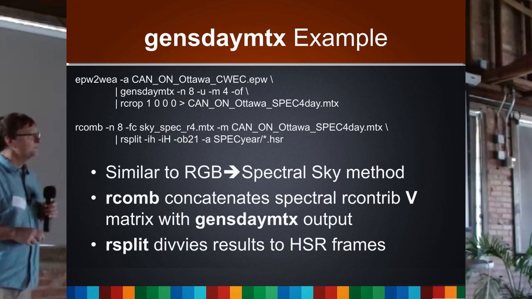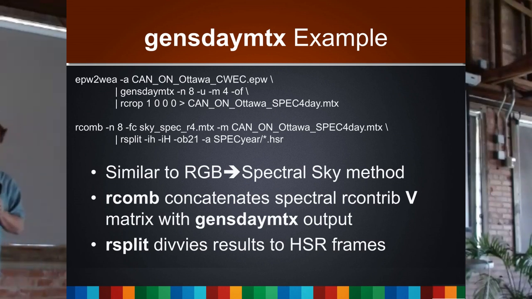Because I use the -U option, which just says get times when the sun is above the horizon, I'll get half as many as you would normally get. So a little over 4,000 time steps. All right.